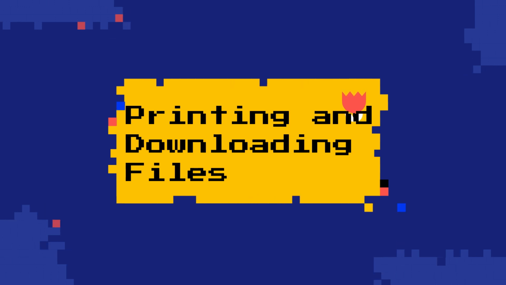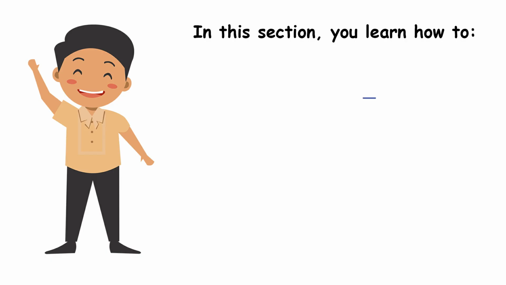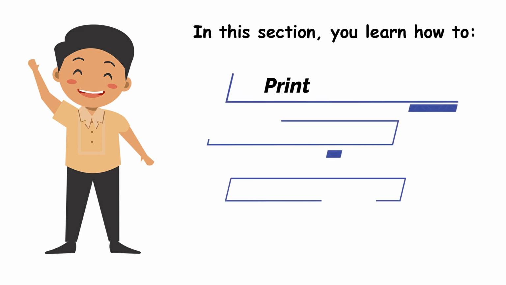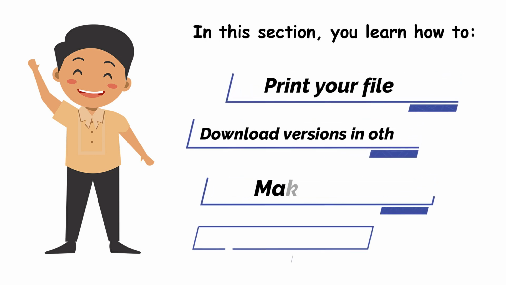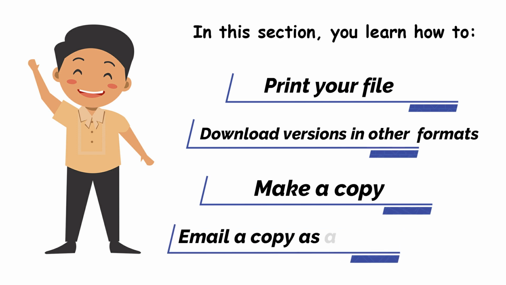Printing and downloading files. In this section, you learn how to print your file, download versions in other formats, make a copy, and email a copy as an attachment.